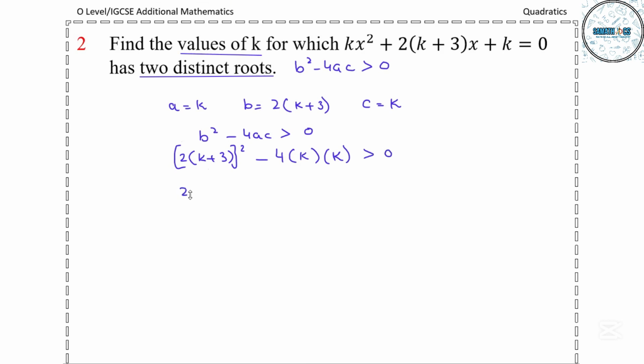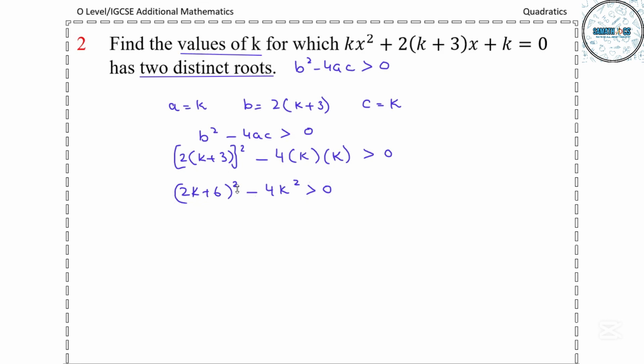Then we'll have (2k plus 6) whole squared minus 4k squared is greater than 0. As we have (2k plus 6) whole squared, we have to apply here the identity.